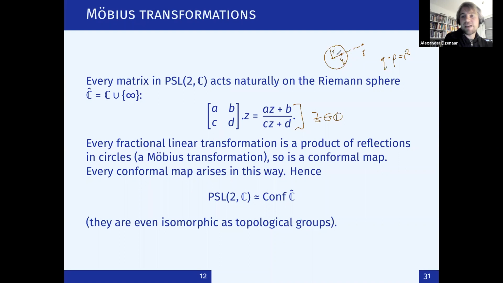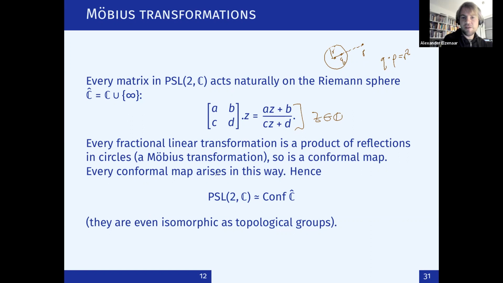So it's a reflection in the circle. It maps the outside of the circle to the inside, and it swaps the center of the circle with infinity. All of these can be written as a product of an even number of reflections in circles.